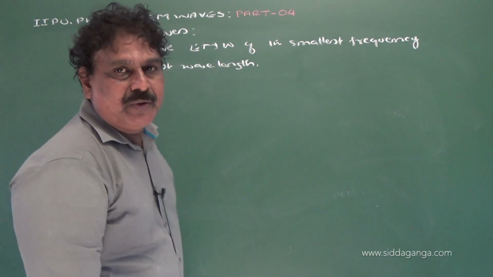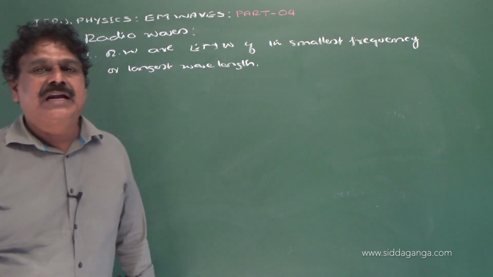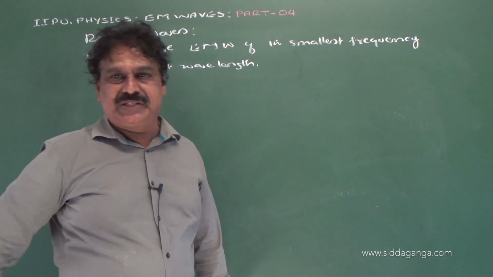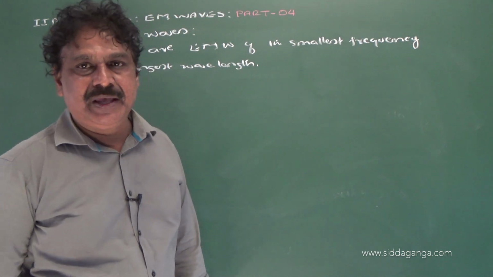So, radio waves are defined as electromagnetic waves of the smallest frequency and the longest wavelength.